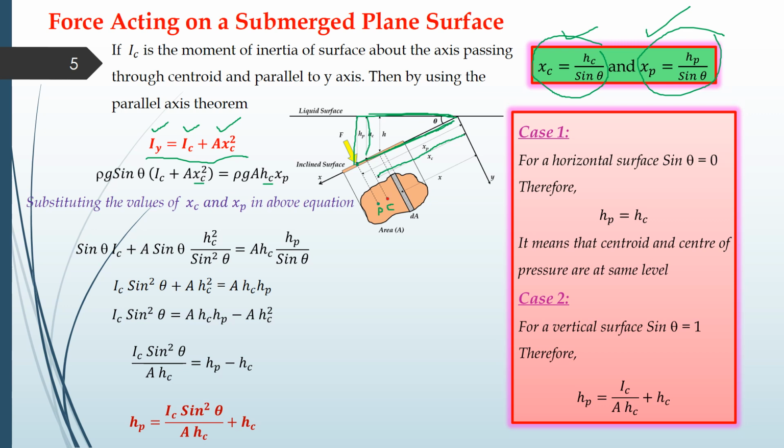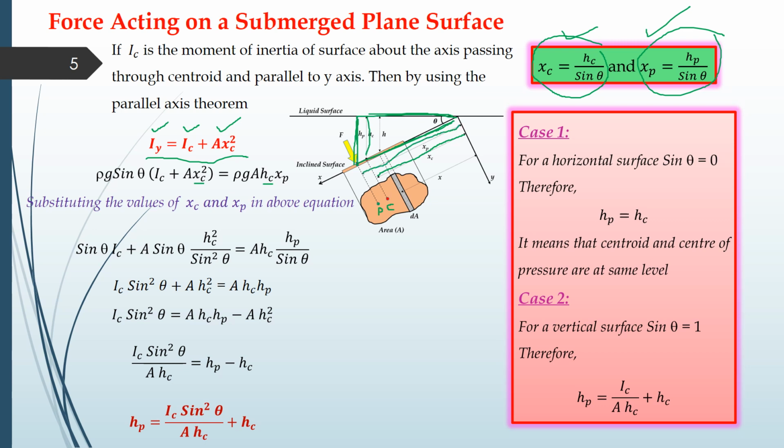So basically, what was our objective? We were supposed to find this hp or this xp, because we want to find the line of action of the force acting on that particular surface. This line of action of the force is at some depth, that is your hp, and consequently we can convert it into xp.